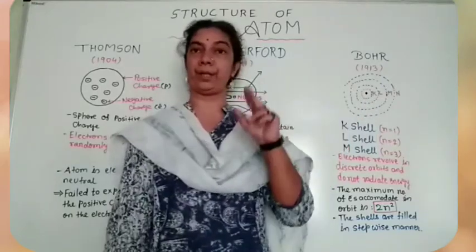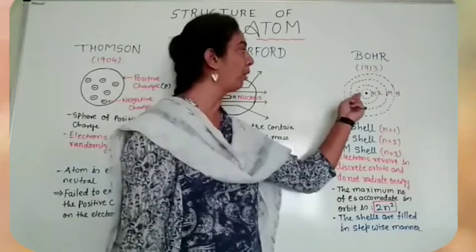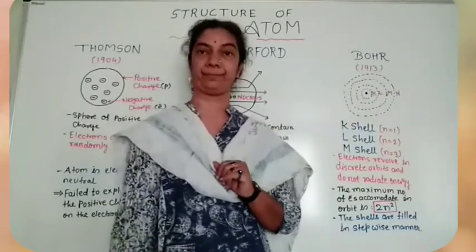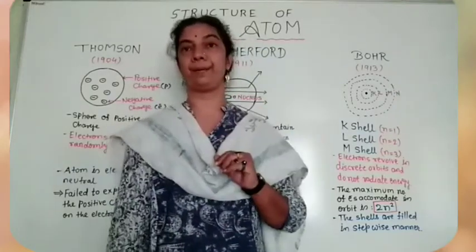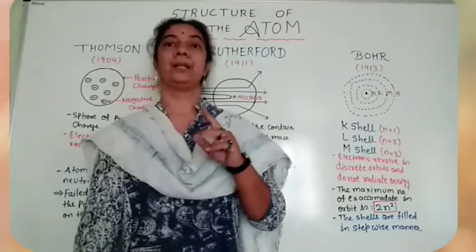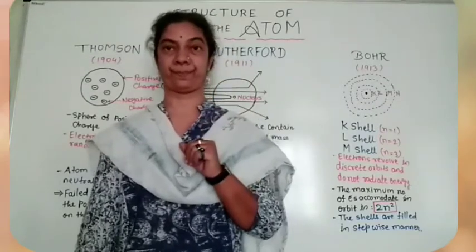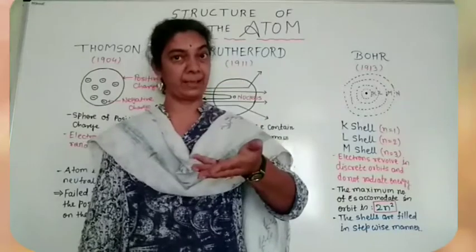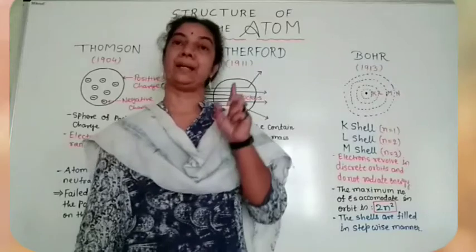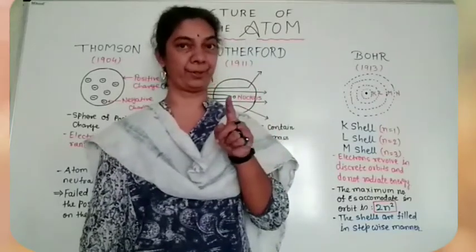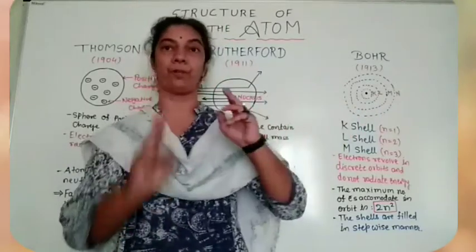The capacity of the first orbit is 2 electrons, so out of 11 electrons, 2 will be accommodated in the first orbit. Then the next 8 electrons will be accommodated in the second orbit, whose capacity is 8, and still 1 electron is left. That 11th electron will go in the third orbit of that atom.